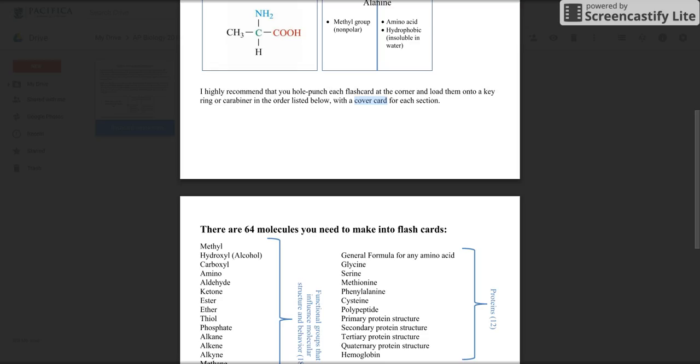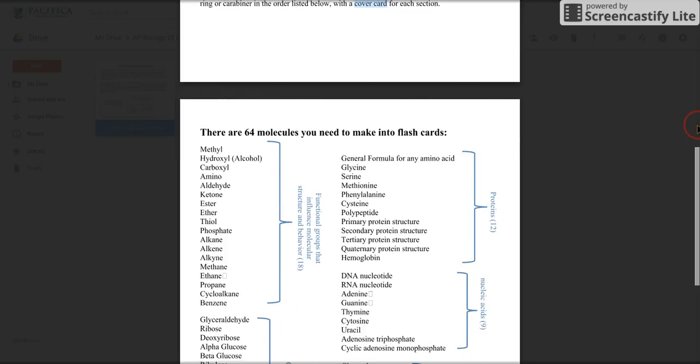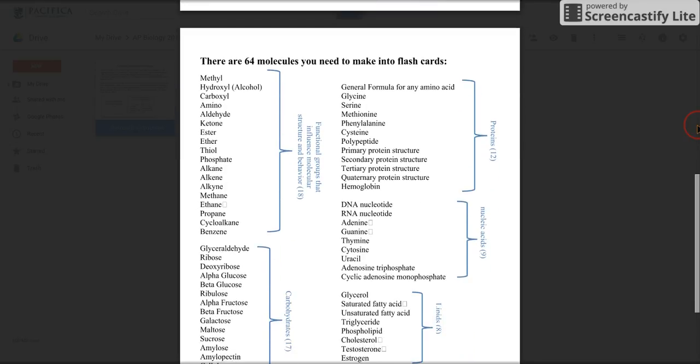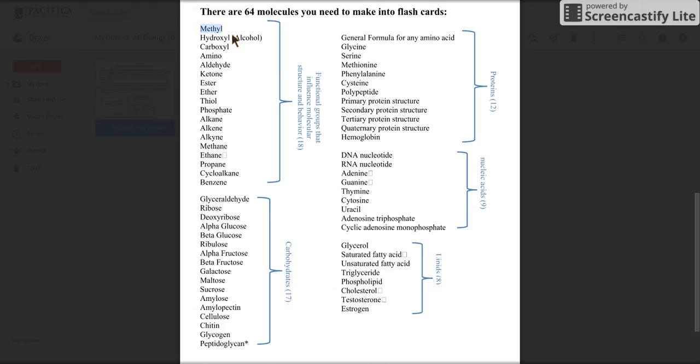Okay, so back to this window. The 64 molecules that you're making into flashcards are in these 5 classes. So let's start with the functional groups. Now, a functional group is essentially some structure that influences the behavior of the molecule.